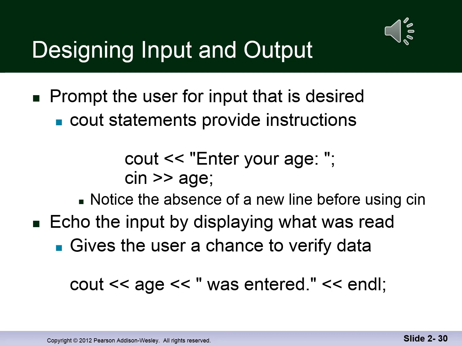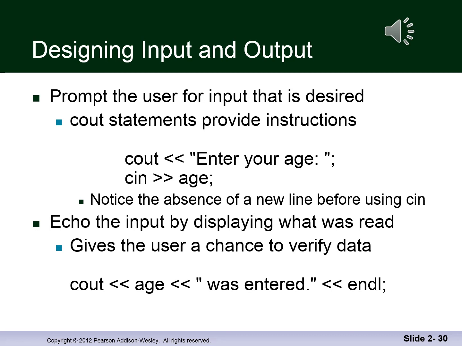Before the cin statement that allows you to read in age from the keyboard, you put a cout statement, "Enter your age: ". Notice at the end of "Enter your age" there's a colon and a space, but no endl. That means "Enter your age" is going to be sitting there, and on the same line they could type in age and hit enter.